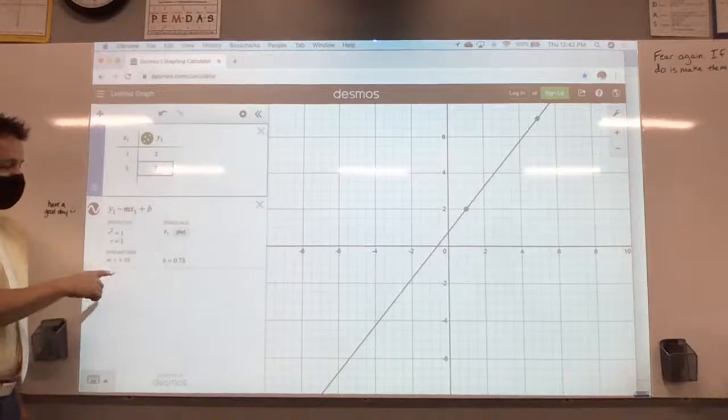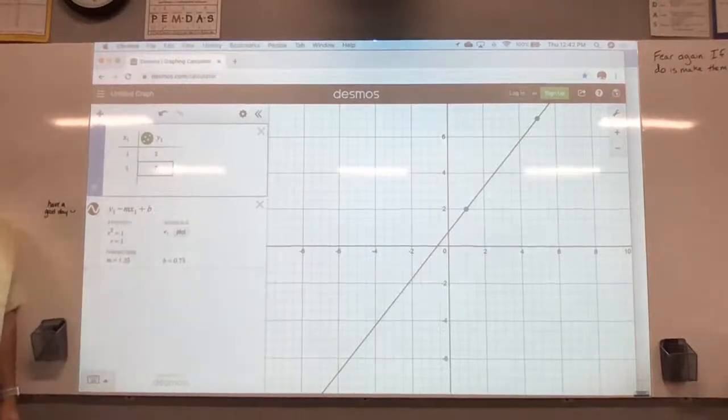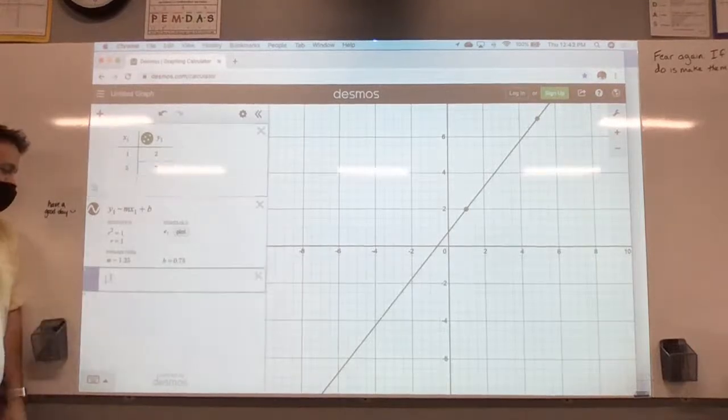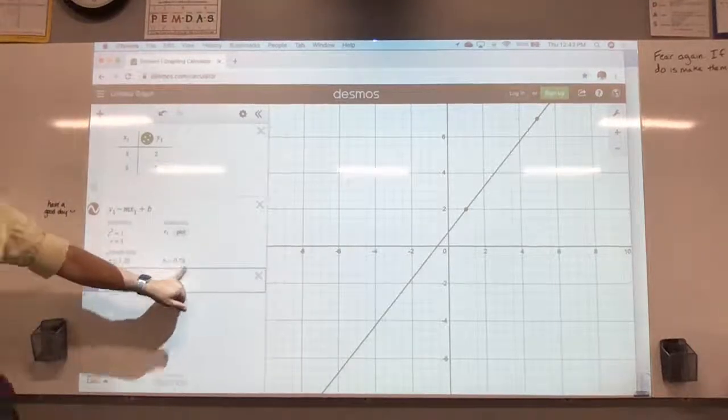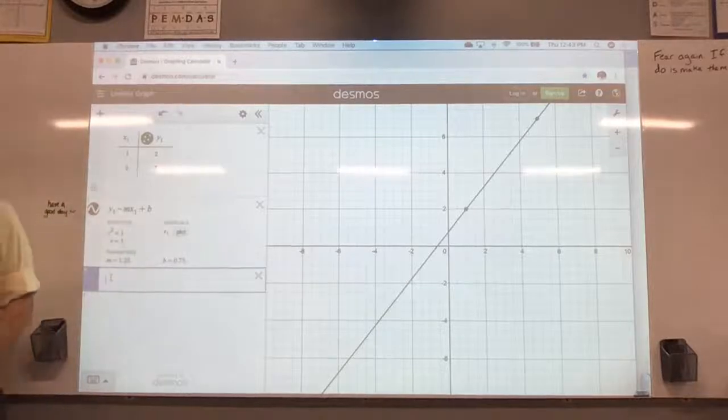Usually, slopes are not in a decimal form. Usually, I'd want it in a fraction. Does anybody know what 1.25 is in a fraction? If you don't, that would be a problem. If you do know what it is, then guess what? It's not a problem. And then, does anybody know what 0.75 is in a fraction form?